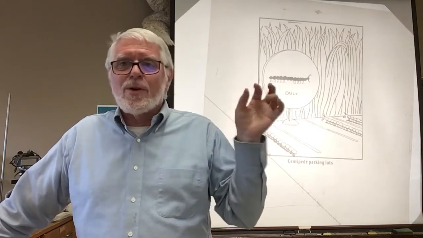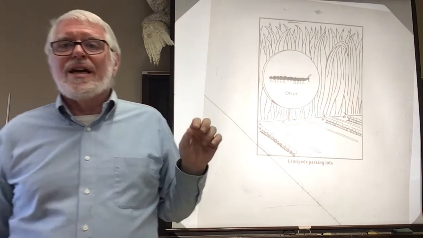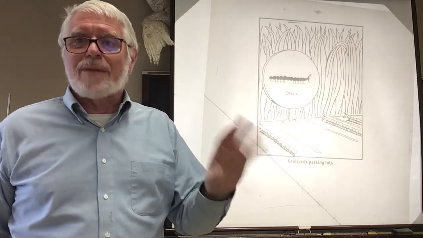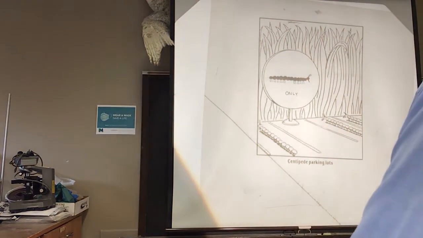If you go back far enough, they're modifications of legs in the front. Mandibles were always just mouth parts. They were never mobility structures. And of course they have antennae, which serve a lot of different functions in both the segmented worms and the arthropods.